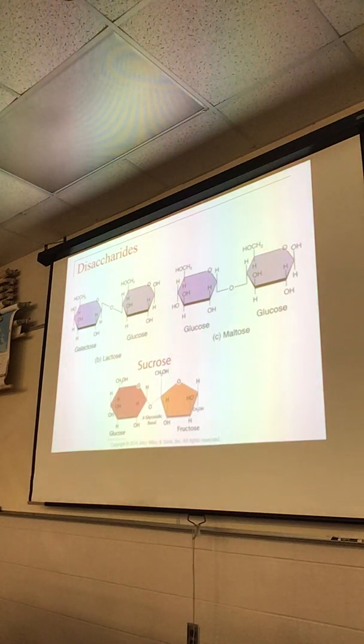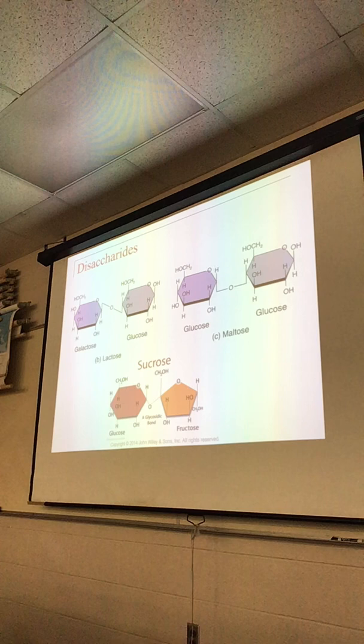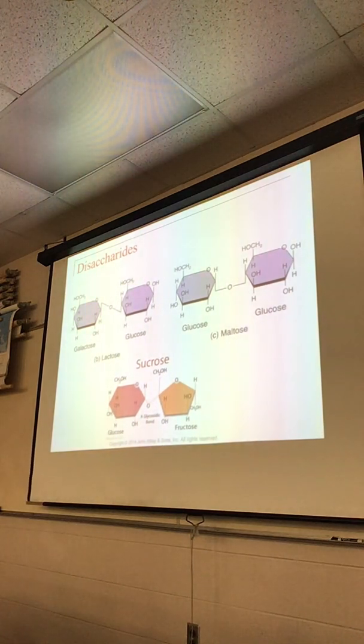2C6H12O6. Okay, well we wouldn't say 2C6H12O6. We basically multiply them, so we would expect it to be C12H24O12, right? But here's the thing. That is not the right molecular formula for sucrose.